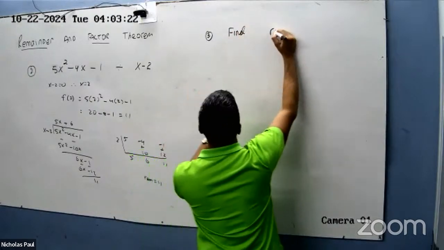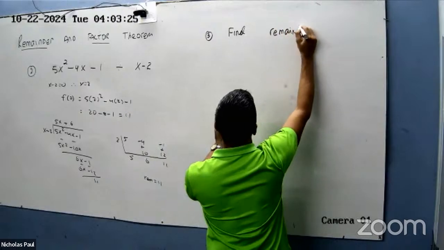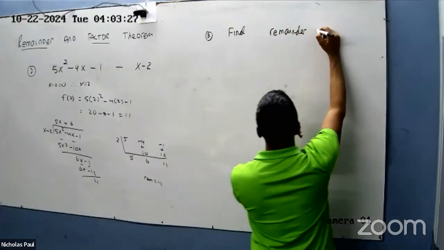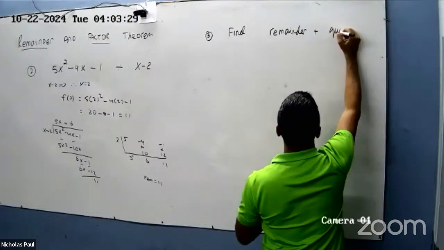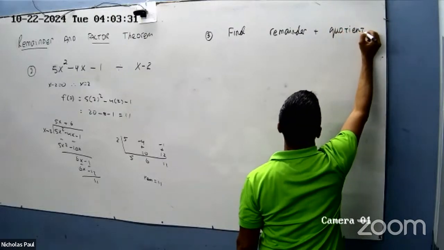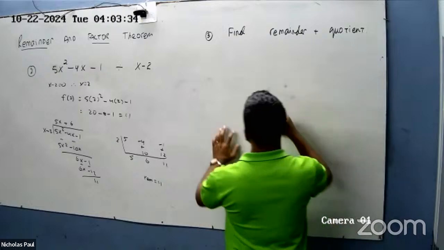I would like the remainder. I'd like the remainder and the quotient. I want the remainder and the quotient for this one here.